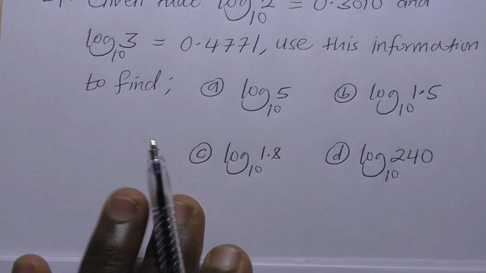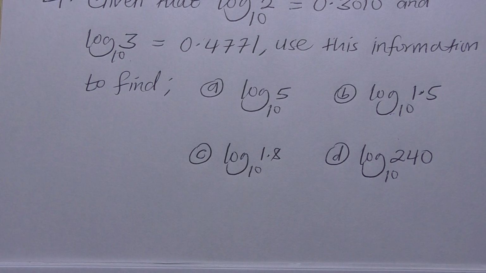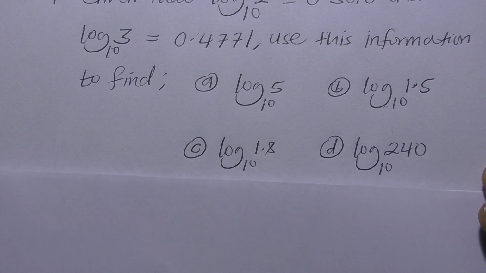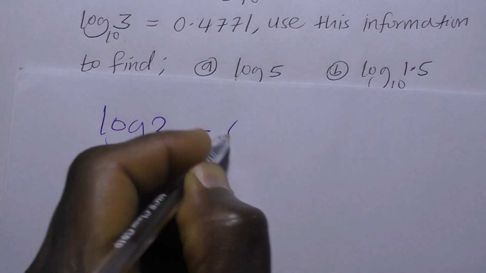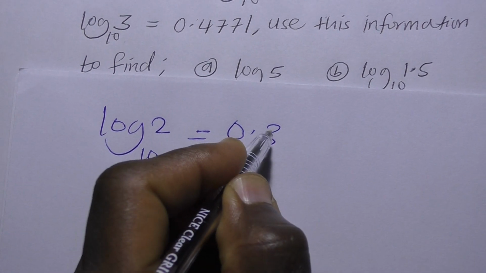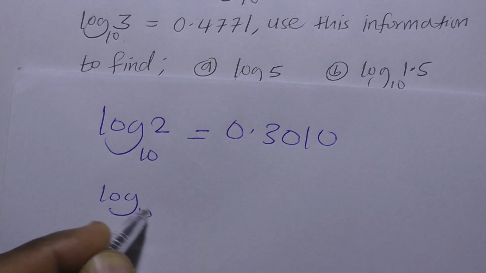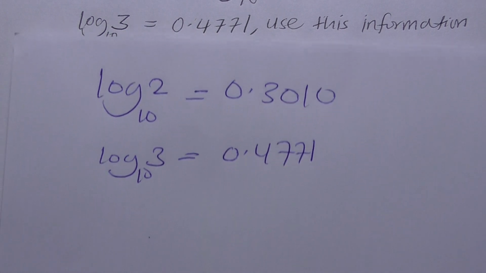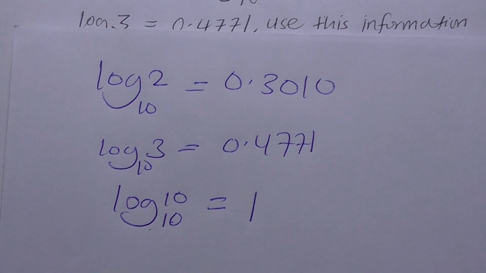Part B is asking for log of 1.5. So how do we get log of 1.5? Remember, we are given the log of 2 and the log of 3. So we are given log of 2 as 0.3010. We are given the log of 3 as 0.4771, and indirectly we can also create our own log, which is log 10, which equals to 1.